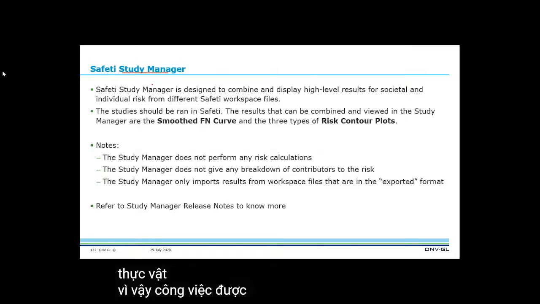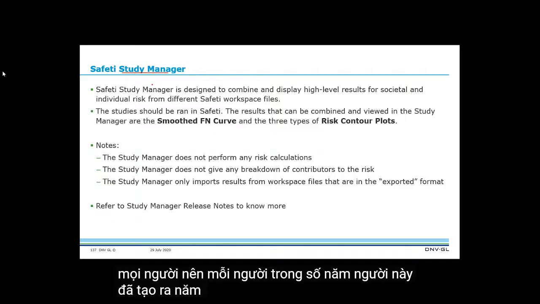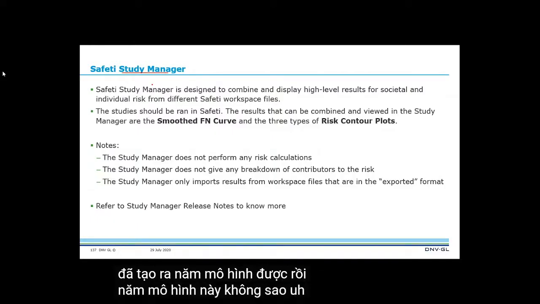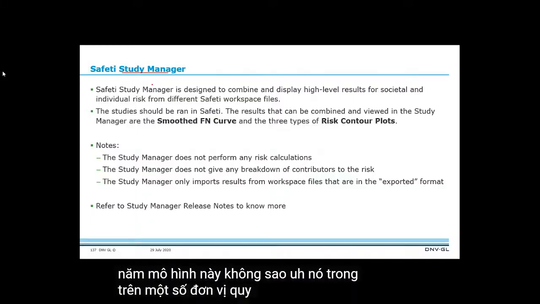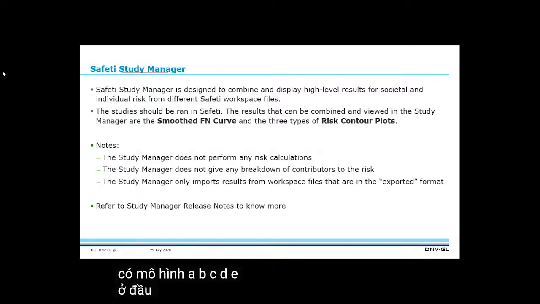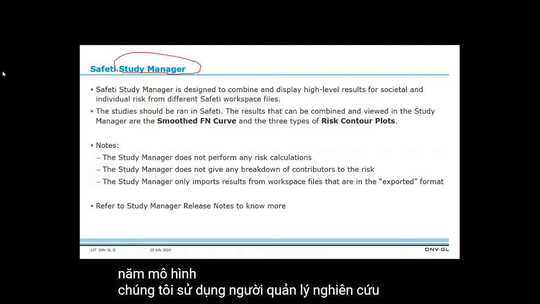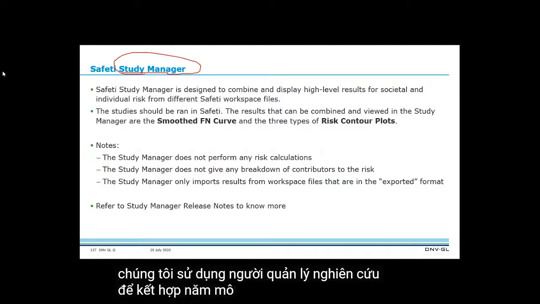So the work is divided among 5 people. Each of these 5 people created a model on certain process units. So let's say we have models A, B, C, D, E. At the end, when we have completed these 5 models, we use Study Manager to combine these 5 models together.